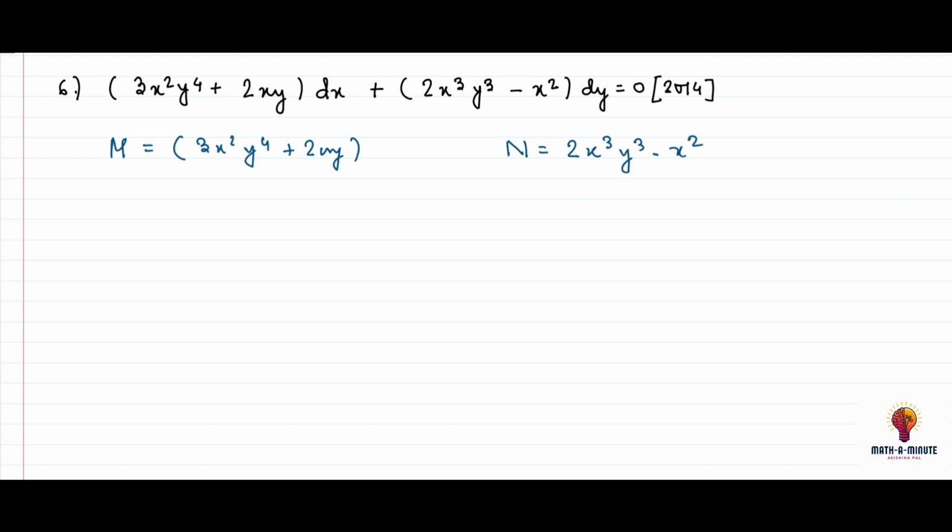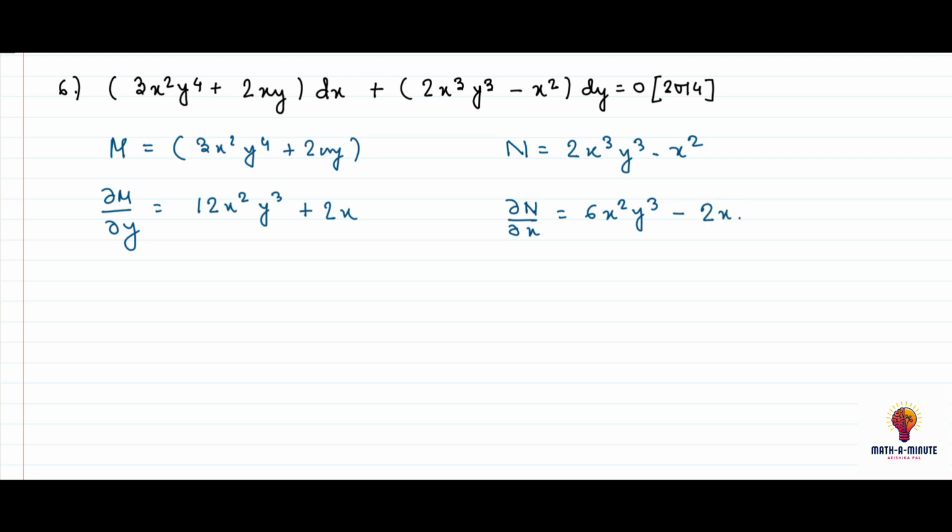Now if we differentiate M with respect to y, it will be 12x squared y cubed plus 2x. And del N by del x will be 6x squared y cubed minus 2x. I hope this part is clear.